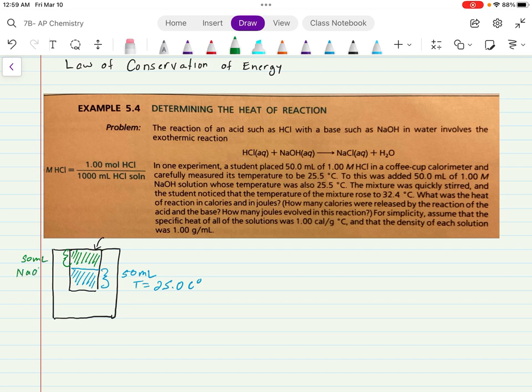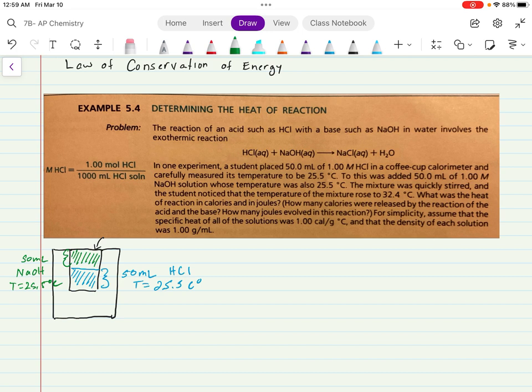So this is my NaOH. This is my HCl. Okay. The NaOH was also at 25.5, not 0.0. Okay, and was quickly stirred.